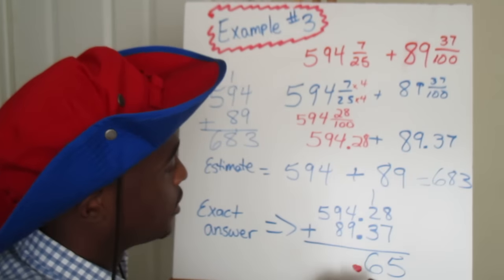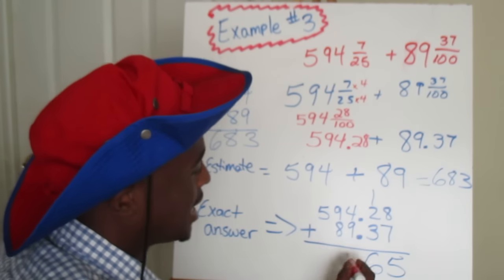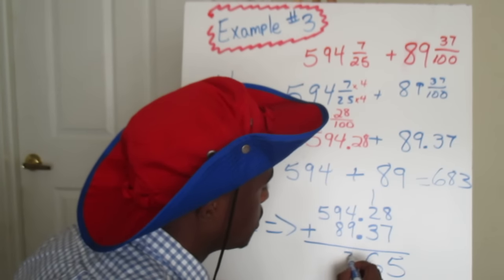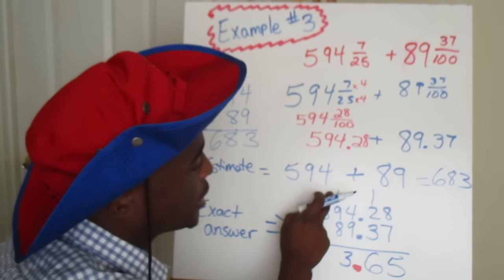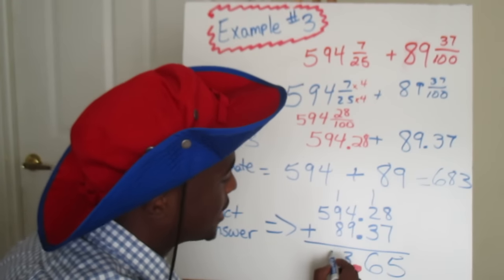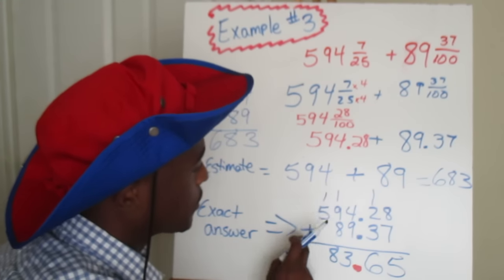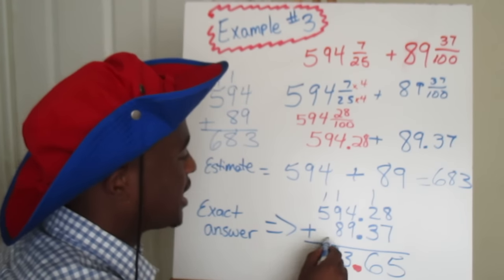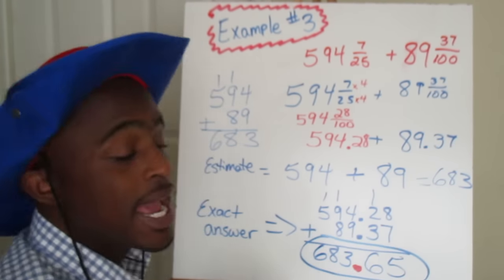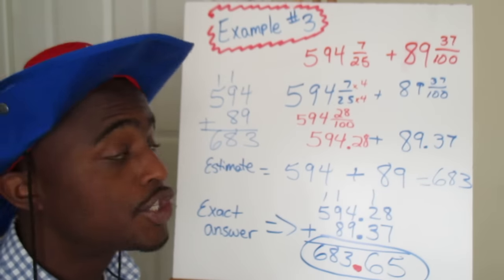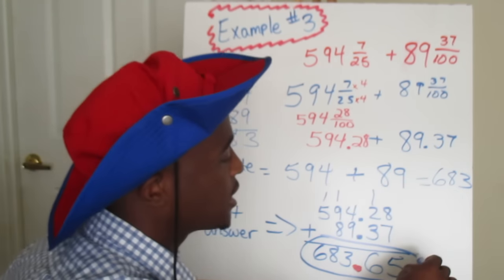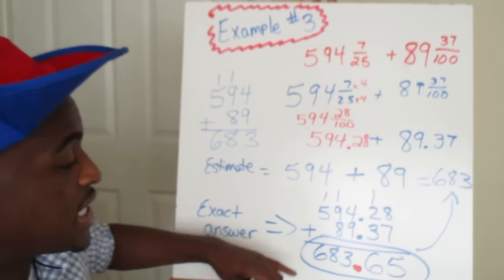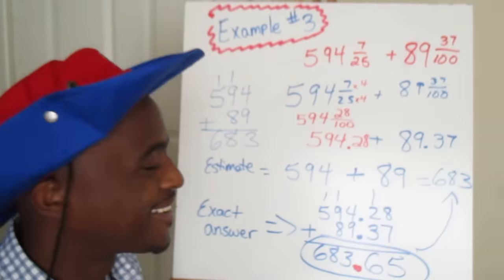It drops straight down. 4 plus 9 will give me 13. 9 plus 1 is 10, plus 8 is 18, and 5 plus 1 is 6. So my exact answer is 683 and 65 hundredths. All right. When I check to see if that's reasonable, I'll see that I got really close to my estimate, so I can trust that my answer is correct.